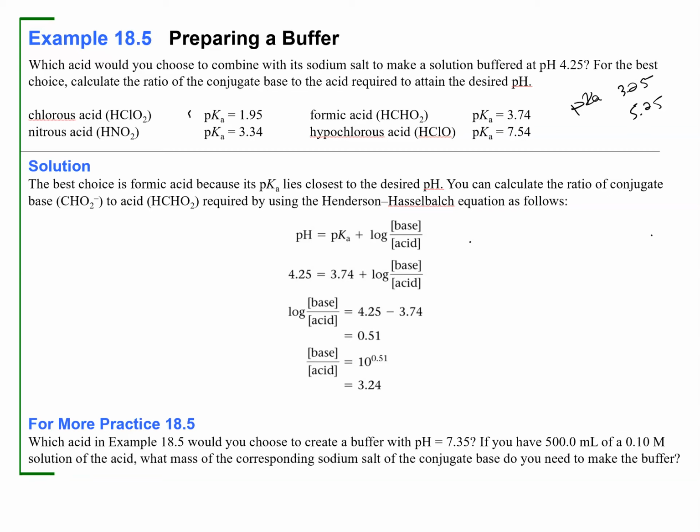That was a little bit of a segue. Nitrous acid, pKa of 3.34. Technically, in the bottom range, could work, but formic acid's better because it's closer to 4.25. So formic acid's our winner in this case.